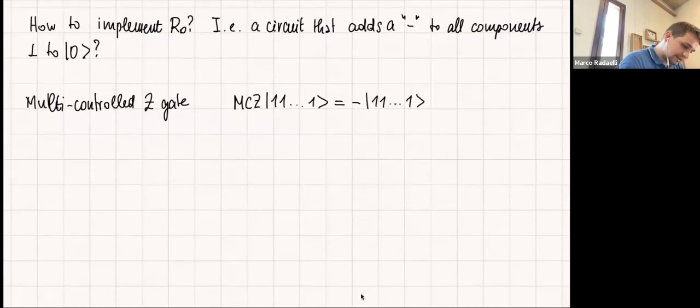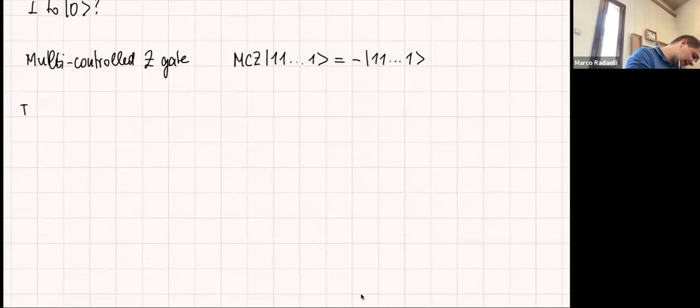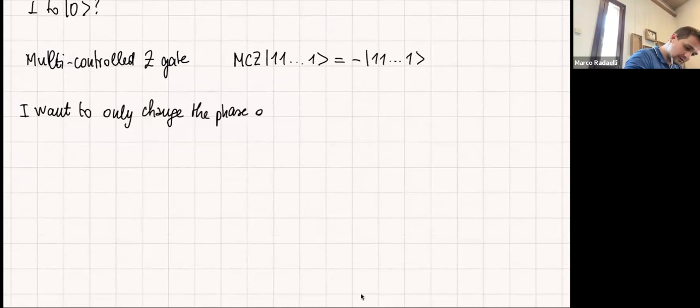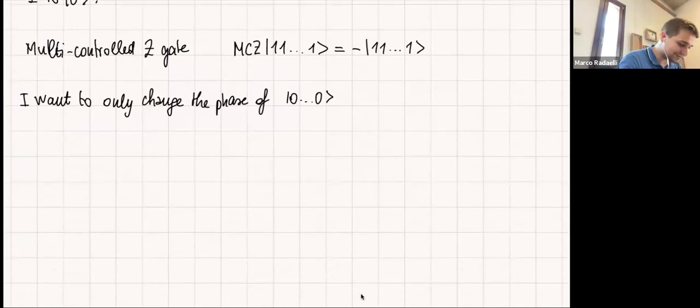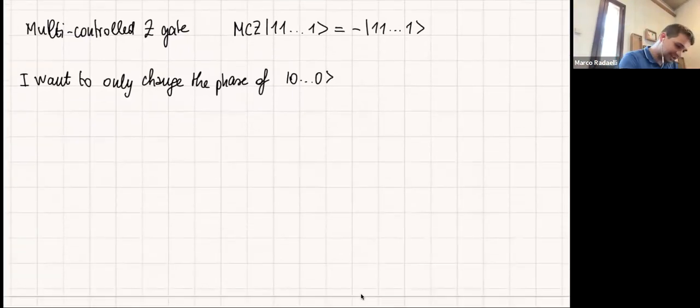I want to change the phase of everything else, but first I try to change this phase and then I will see how to get to the phase of everything else. Now I'm able to change the phase of 1, 1, 1, 1, 1. I want to change the phase of 0, 0, 0, 0. So I can just use an X.